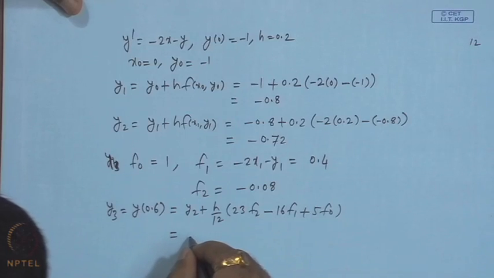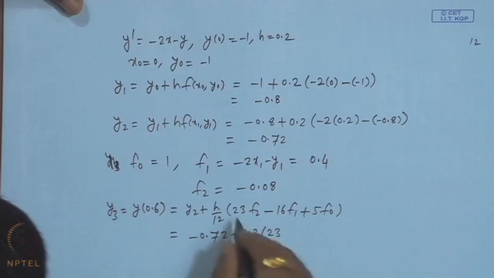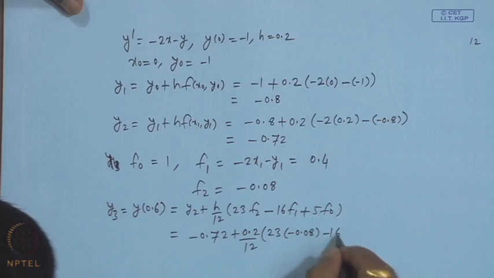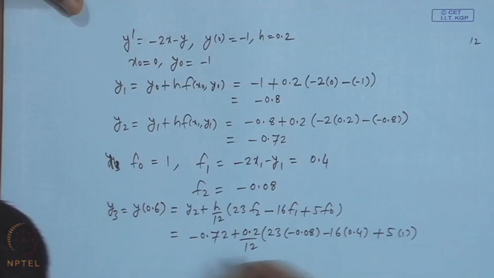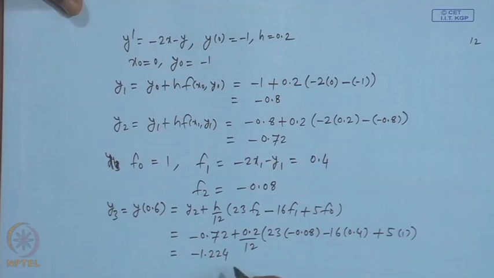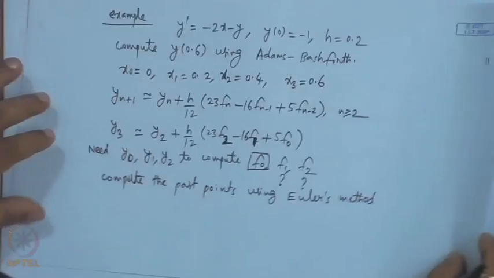So, we get the approximate value which is minus 1.224.